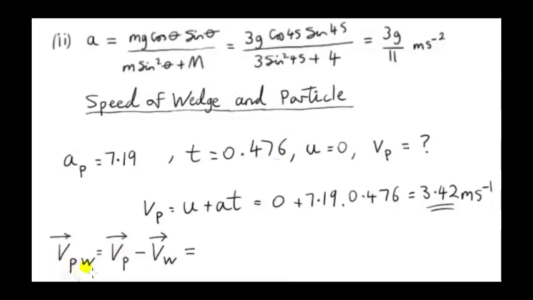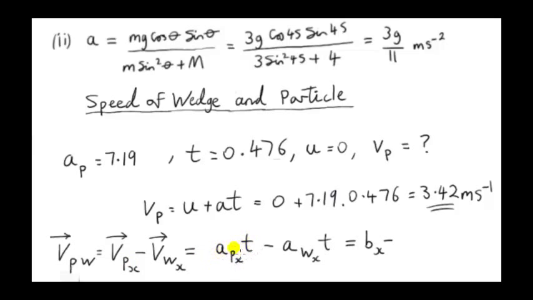Finally, let's consider the velocity of the particle relative to the wedge. Well, we saw previously that when we calculate Vp minus Vw, the y components cancel out. The y components of the velocities are the same, just like the y components of the accelerations are the same. So we only have to look at the x components. The velocity of the particle in the x direction is the initial velocity in the x direction, which is 0, plus the acceleration of the particle in the x direction times t.